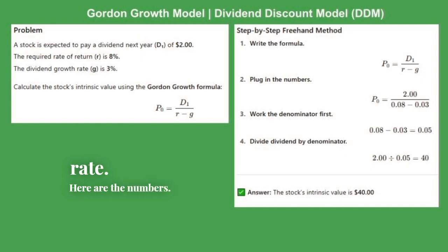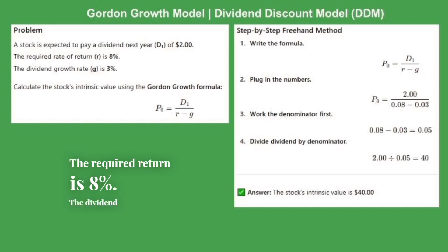Here are the numbers. The dividend next year, D1, is $2. The required return is 8%. The dividend growth rate is 3%.